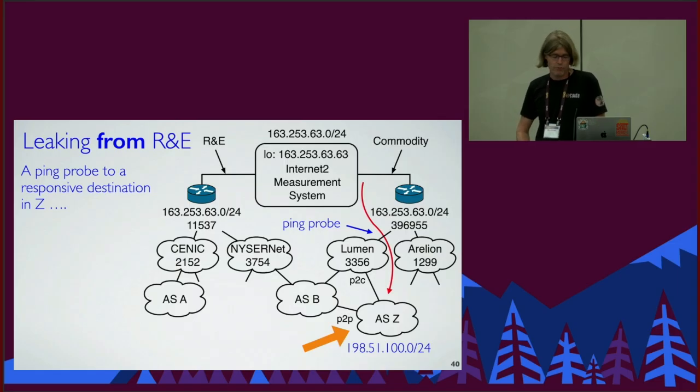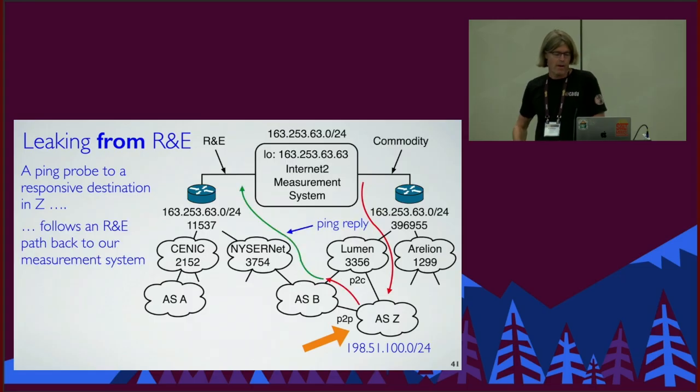And we probe that address that Z is originating, an address in that prefix. Because the path back that Z follows will be via the peering link, even though it has a longer AS path, because it's a peering link and will have a high local preference, then we will see the packet come back via R&E.